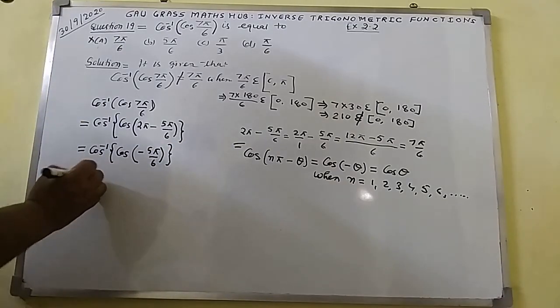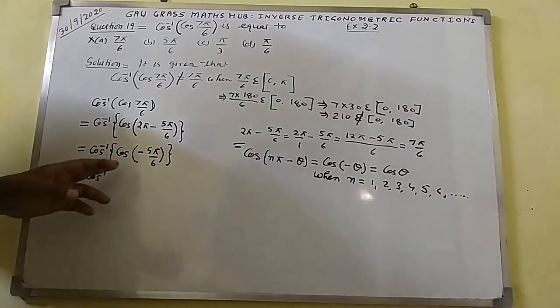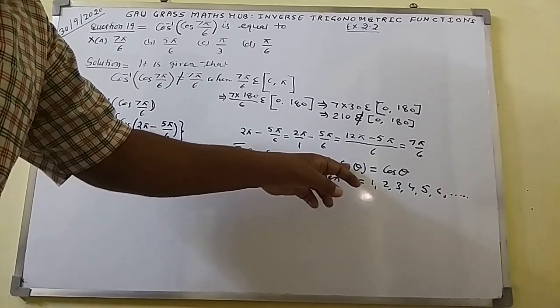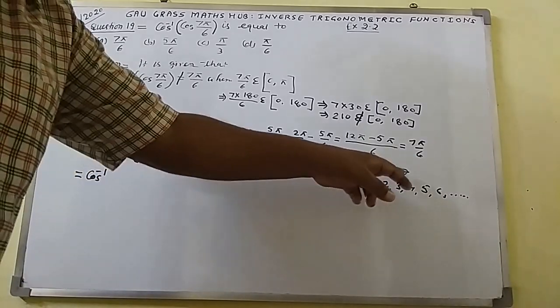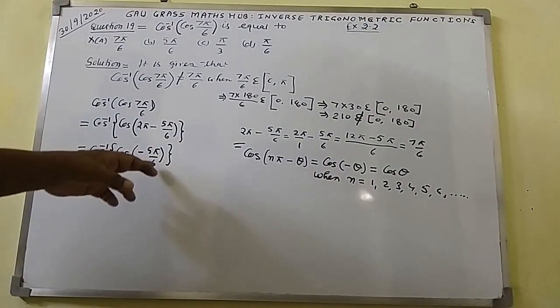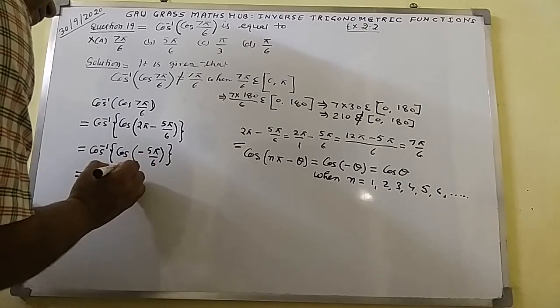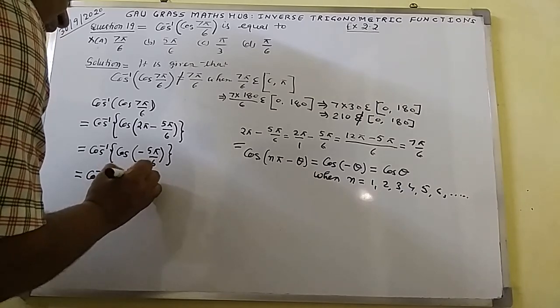Now here you can write cos inverse. Using this formula, cos in bracket minus theta becomes cos theta. Here cos in bracket minus 5 pi by 6 becomes cos 5 pi by 6.